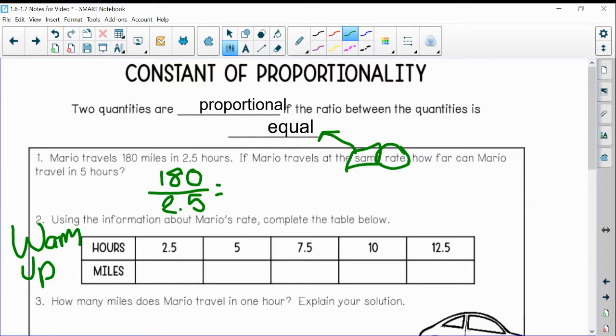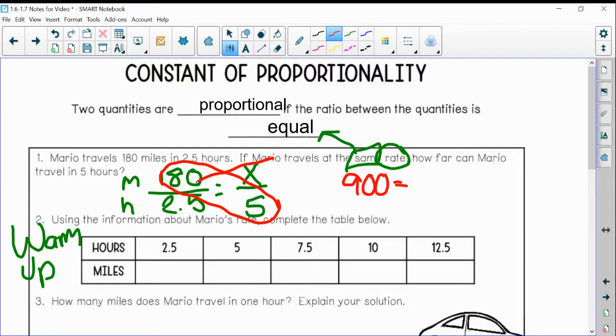So this is kind of what we did yesterday. We set up a proportion. We said, well, if I can go 180 miles in 2.5 hours, and we're going to keep that order the same. We want to know if the hours is 5, how many miles can he go? So we'd do our butterfly method, and say 180 times 5 is going to give us 900.